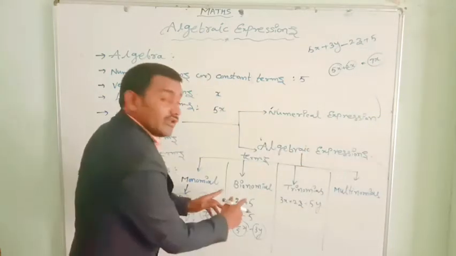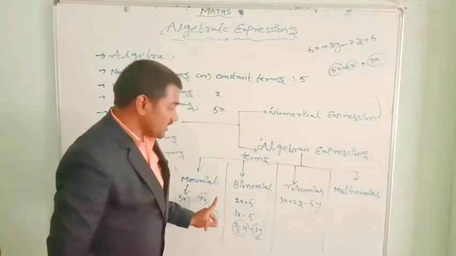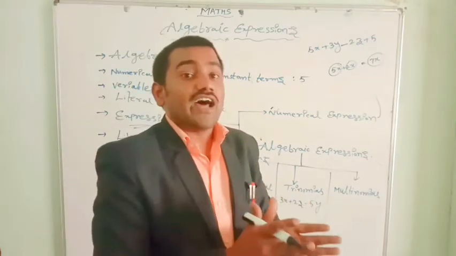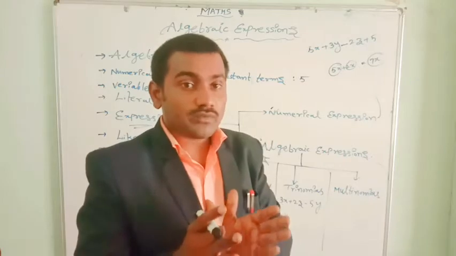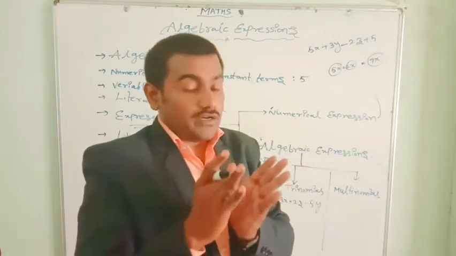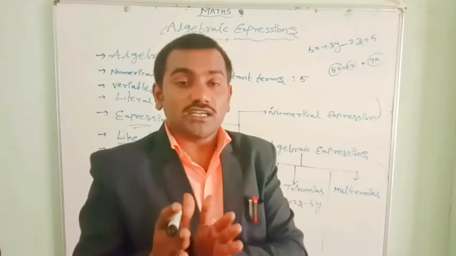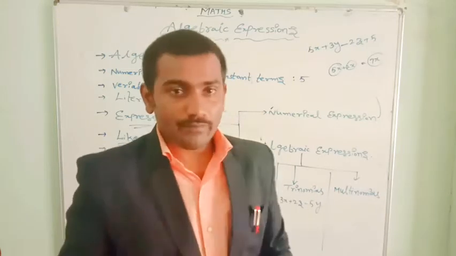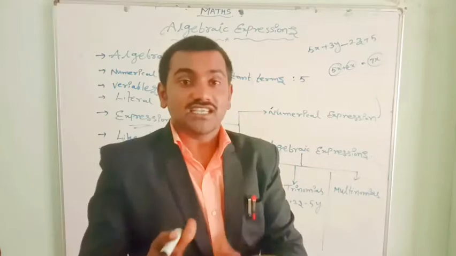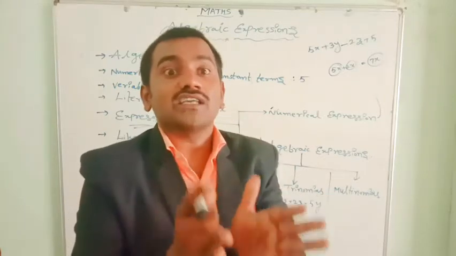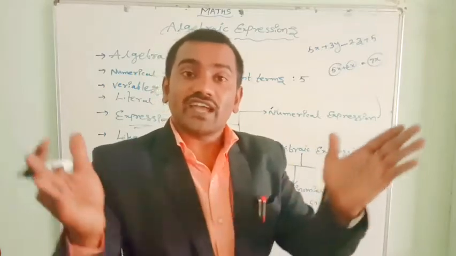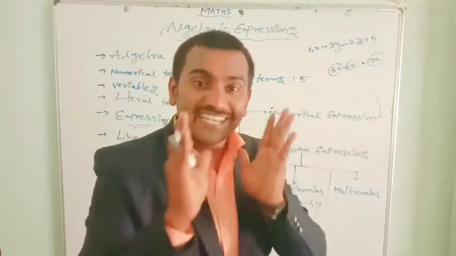So when you are giving the definitions of binomial and trinomial, you should also mention that if an algebraic expression contains two unlike terms, it's known as a binomial. If an algebraic expression contains three unlike terms, it's known as a trinomial. Why not like terms? Because like terms we can add and make into a single term.